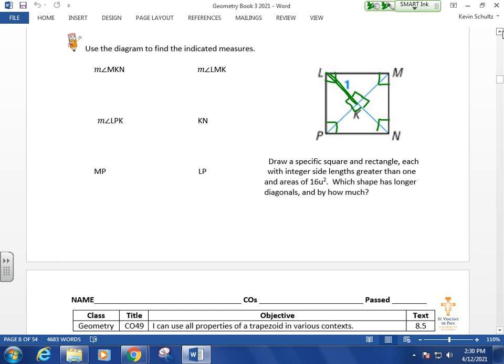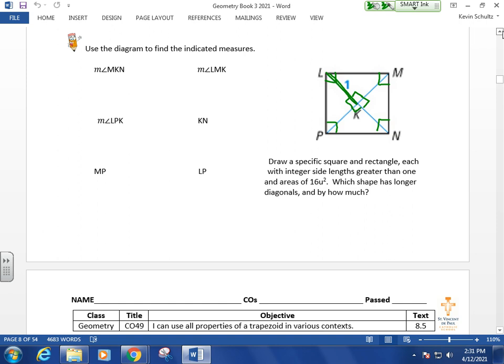So right triangles abound. Not only that, but what type of right triangles do we have? 45, 45, 90. Right? Because if these diagonals bisect each right angle that we have in the corner, that's going to leave us with a whole bunch of 45, 45, 90 triangles.